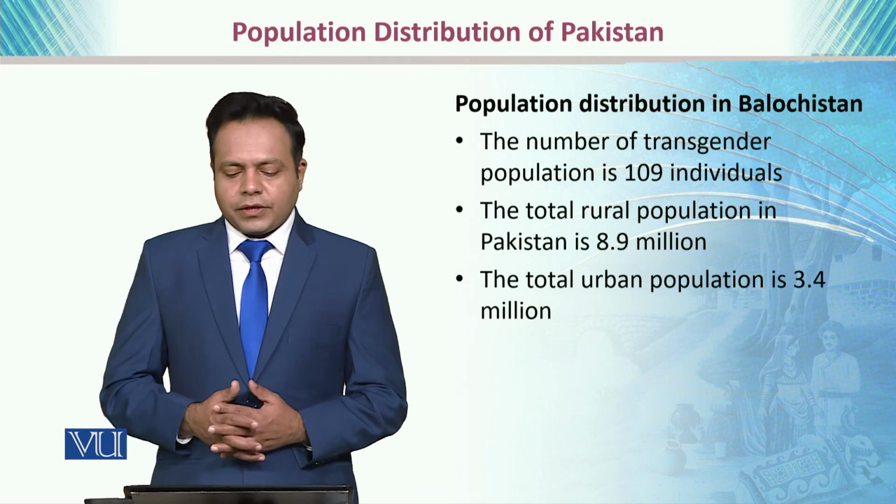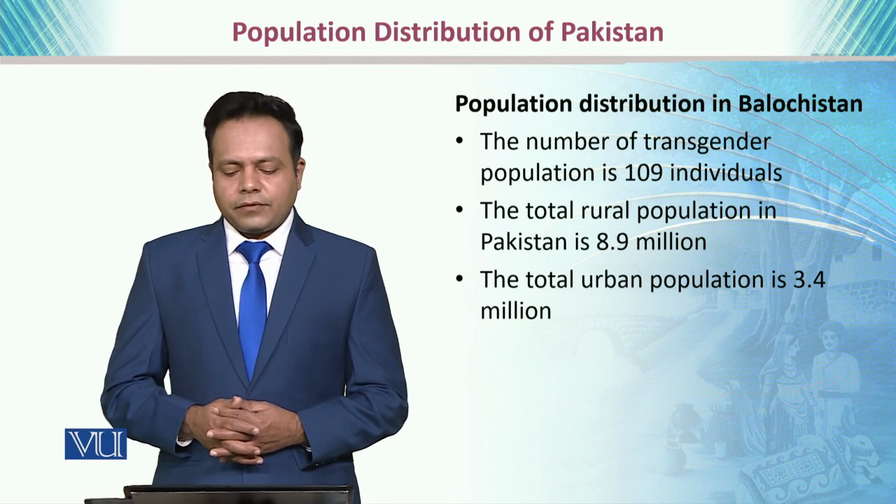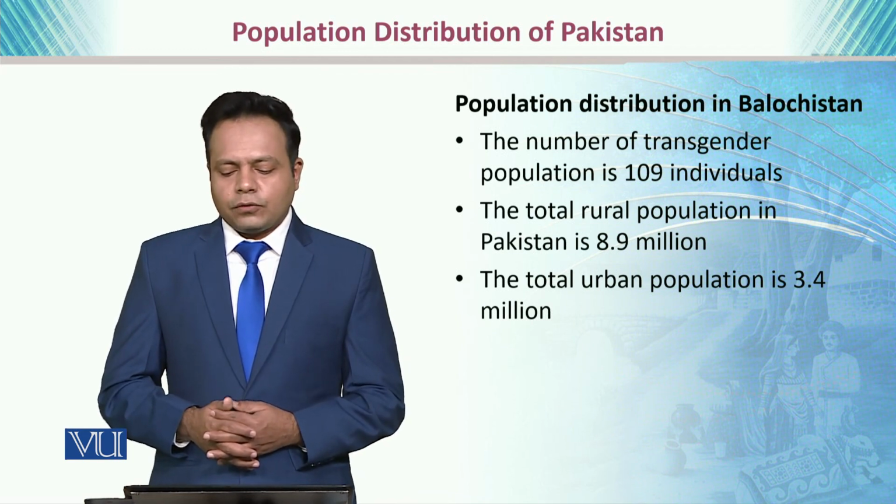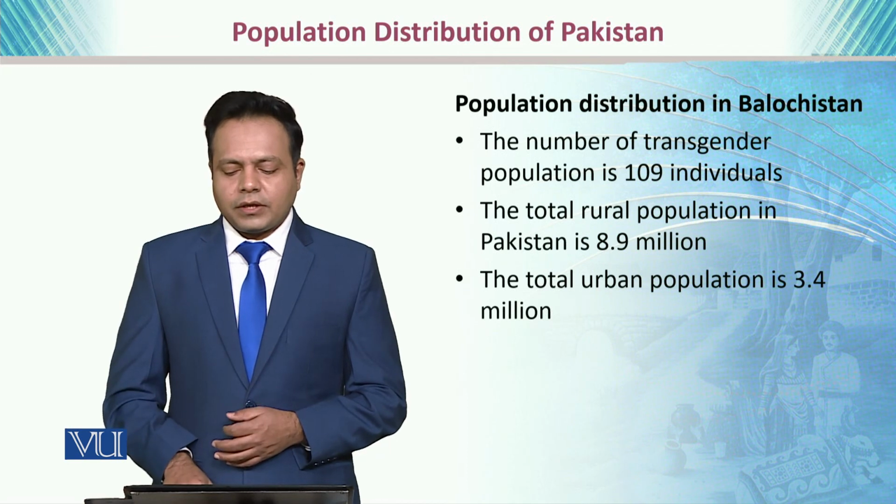The number of transgender individuals is calculated as 109. The total rural population is 8.9 million, whereas the urban population is calculated to be 3.4 million.